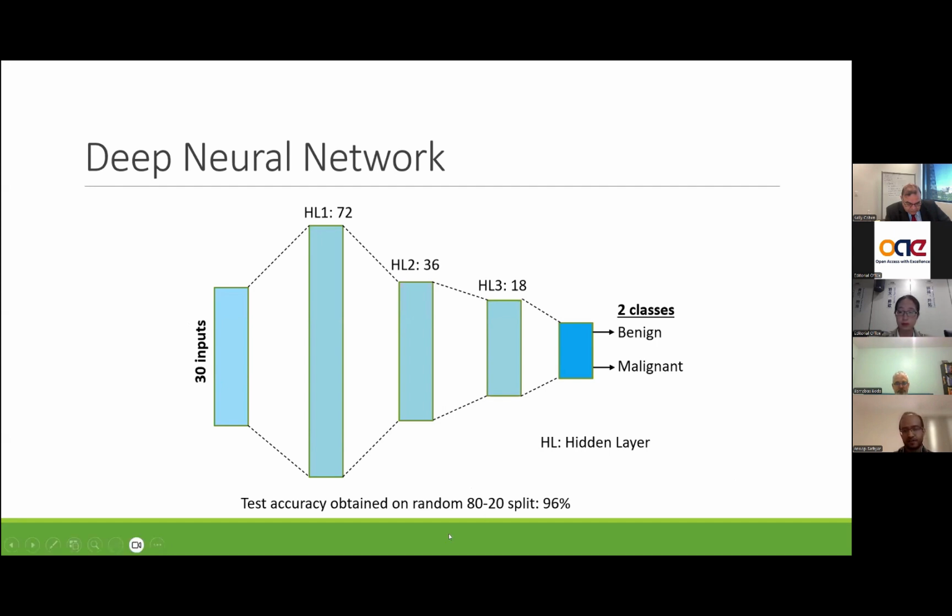For the data set with the 569 data points, we use a random 80-20 split. And this is the test accuracy obtained over the 20% validation set. So that's obtained at 96%, which is very good. But that is not the focus of this paper. It is more to understand the use of explainable AI techniques.